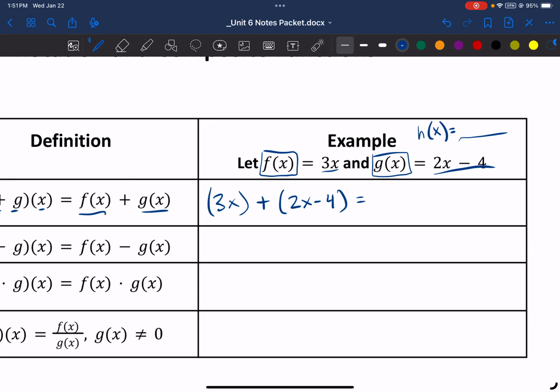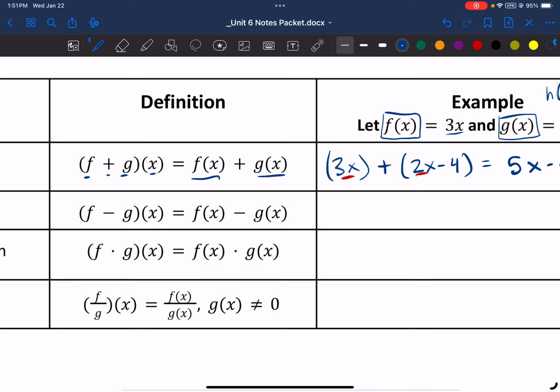Now, if you remember back in Unit 1, if we're adding, we can just drop the parentheses and combine like terms. And that would be your answer. Okay, subtraction. What if we wanted to take the f of x function and subtract the g of x function?